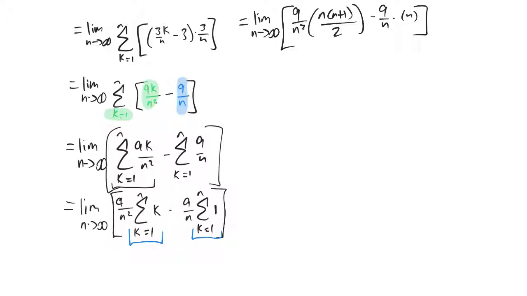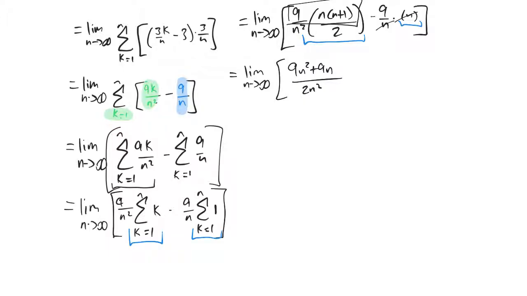And so this is the first sum, and that's the second one. If we simplify that a little, we get the limit as n goes to infinity. Let's expand out the top of this right here. That's going to give us 9n squared plus 9n over 2n squared. And then these n's are going to cancel, so I'm just going to have minus 9.